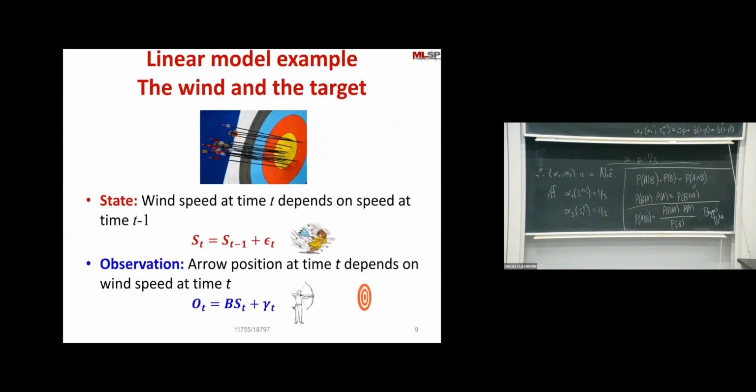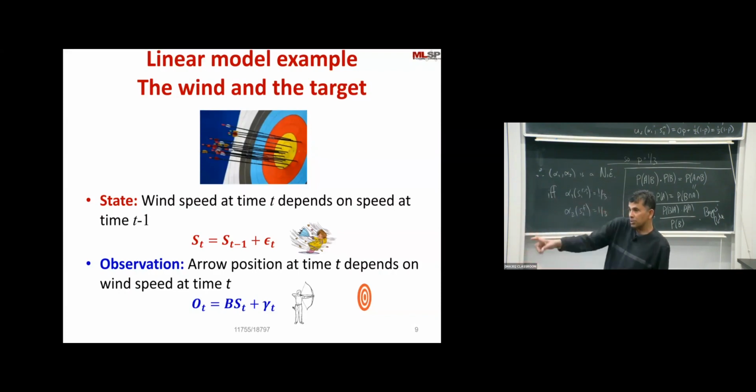We saw one example. This was the wind and the target toy example, where the wind velocity might keep changing all the time, but the wind velocity is a state which has a dynamic. Your best guess for the wind velocity at any time is that it's going to be the same as the previous time, but it will change. And the perturbation has a Gaussian distribution.